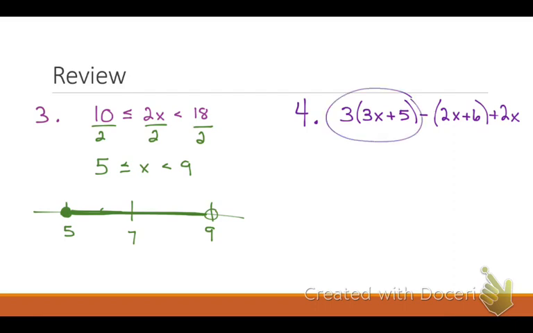All right, the first thing we need to do here is distribute. So 3 times 3x is 9x plus 15. Now I have this minus here, which means, because there's more than one term in here, I need to change my operation. This means plus negative 2x minus 6.